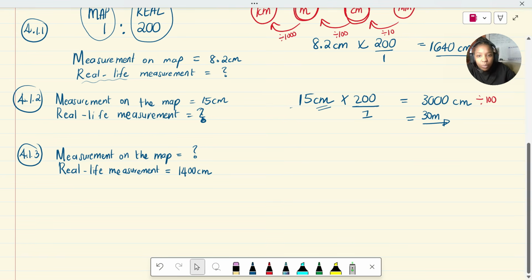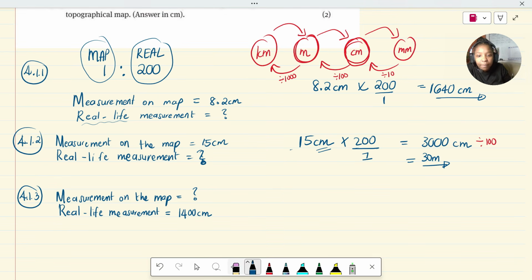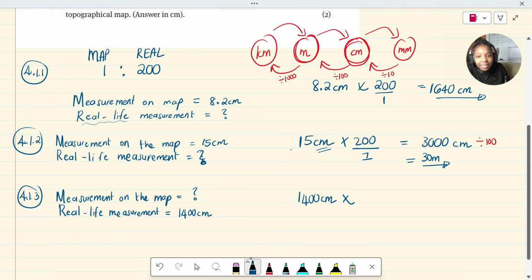So we're still working with the same scale, the 1:200. We're just going to take the value that's given to us, that 1,400 centimeters, multiplied by, what do we want in this case? We want the measurement on the map. So we want to multiply by 1, because that is what we want, divided by the other value.